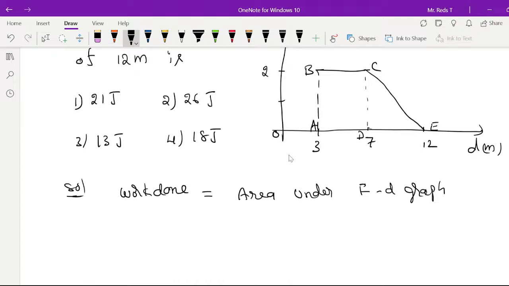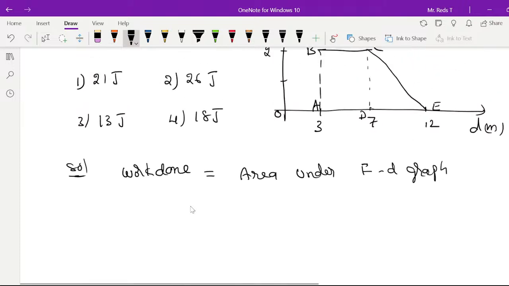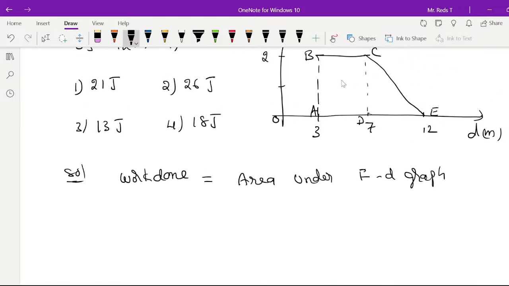So you can take the area of rectangle ABCD plus the area of triangle CDE. You can split into two sections and take the area of the two things. This first part is a rectangle, and this second part you can take as a triangle.